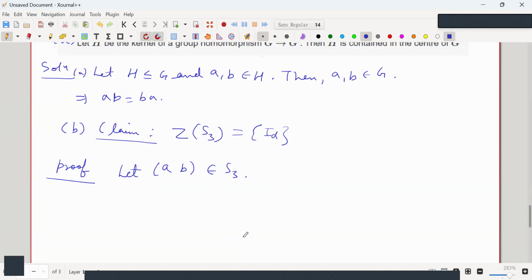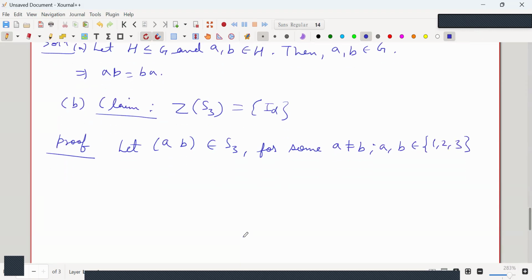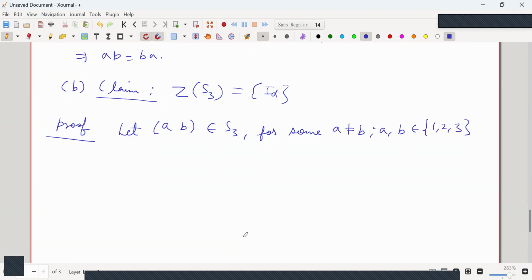So let AB belong to S3 for some A not equal to B, and A, B belong to {1, 2, 3}. So this is some element of S3, maybe (1 2), (2 3), or (1 3), anything.